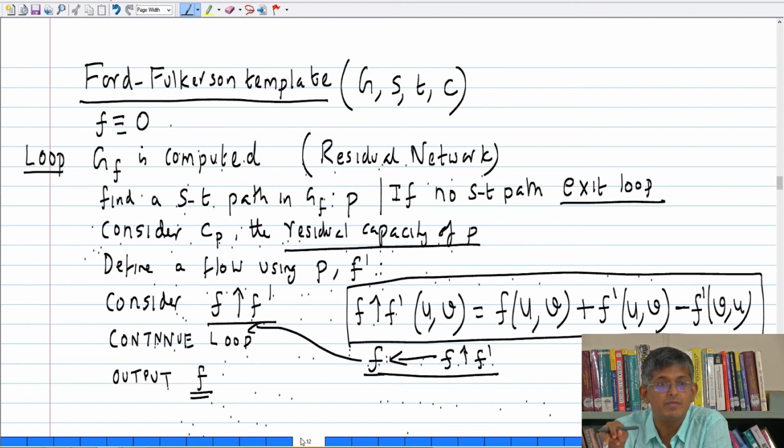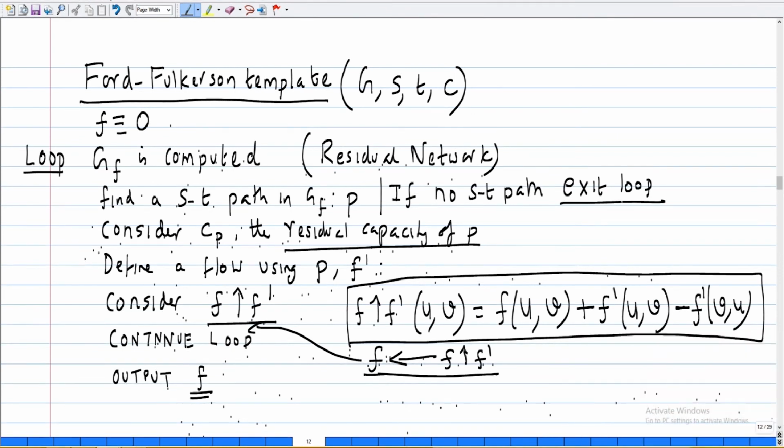So F prime, the value of that particular flow, we will argue is also greater than 0. Therefore, when you add the two flows, you will have a strict increase from iteration to iteration. That is, if you started with a flow F, find an S-T path in the residual network, its residual capacity will be more than 0.